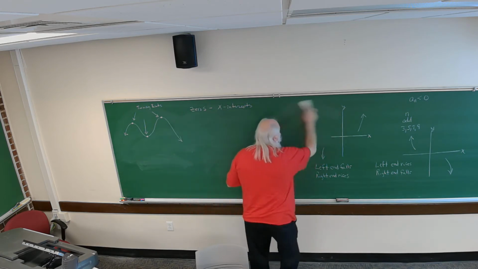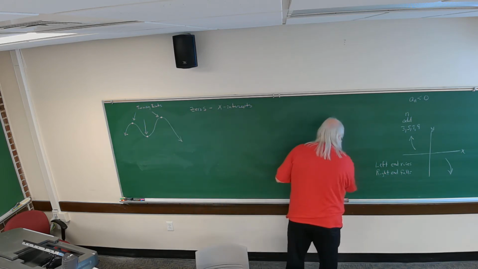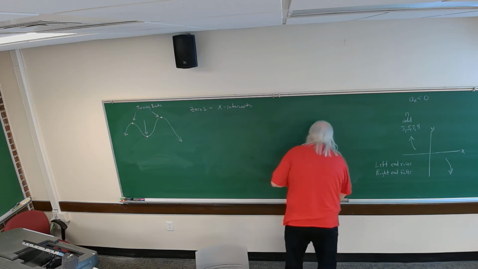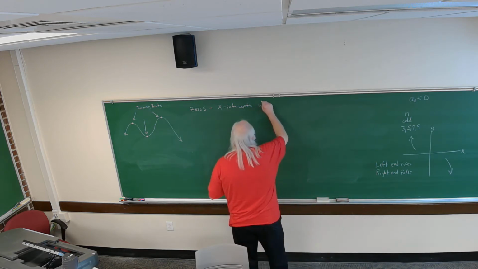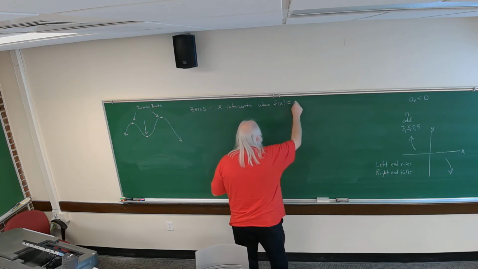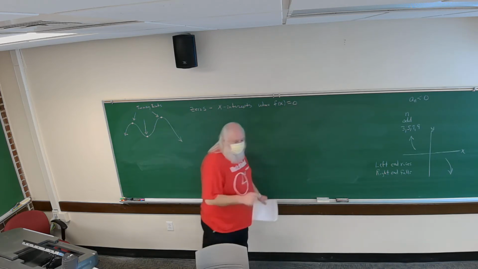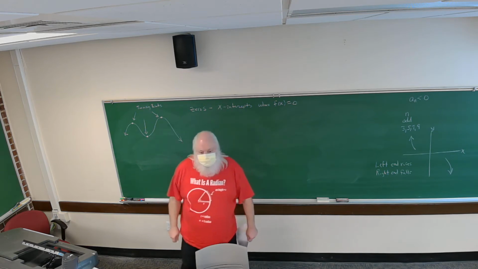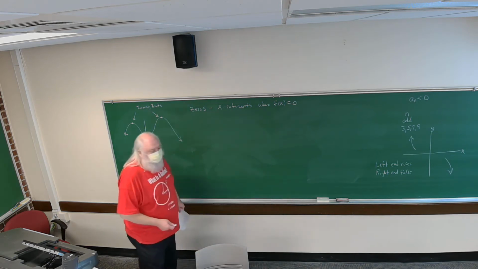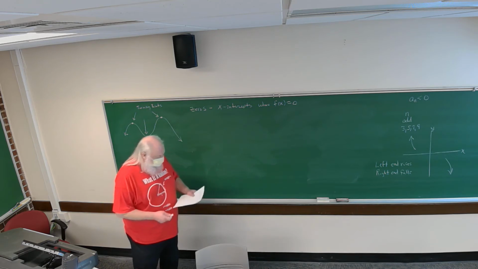That is where the y coordinate, or the value of the function, is equal to 0. You know at an x-intercept, the y coordinate is 0, which means the function is equal to 0 at an x-intercept. Okay?